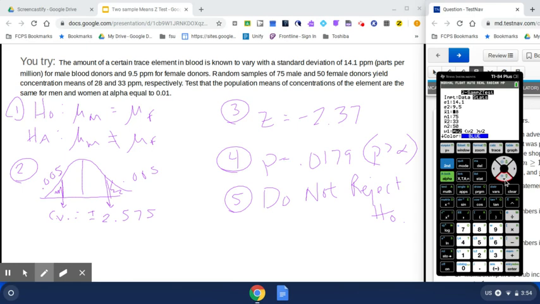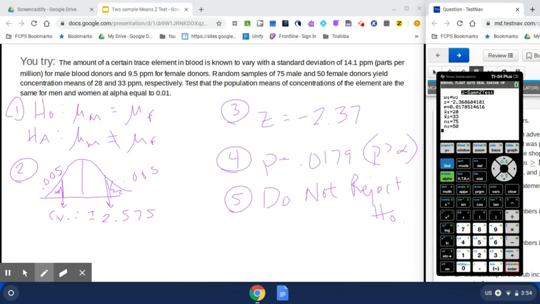The mean for males was 28 with a sample size of 75, and the mean for women was 33 with a sample size of 50. I selected the not equal to case and hit calculate. That gave me a z-test statistic of negative 2.37, a p-value of 0.0179.